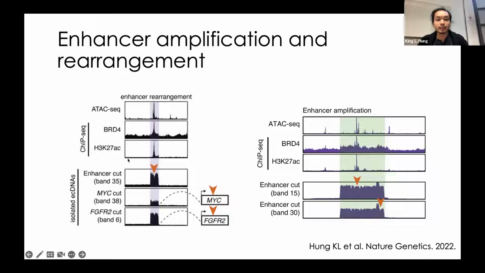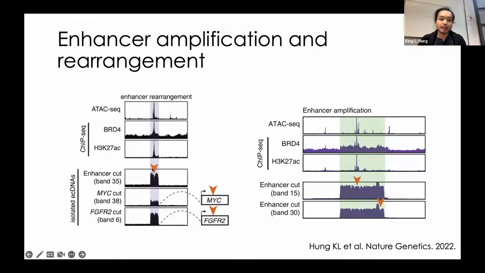We're showing sequencing data using ATAC-seq and also ChIP-seq for BRD4 and an active histone mark, H3K27 acetylation. So what this is showing is active enhancers that are present on DNA. A peak suggests that it's accessible and it's marked with enhancer markings.